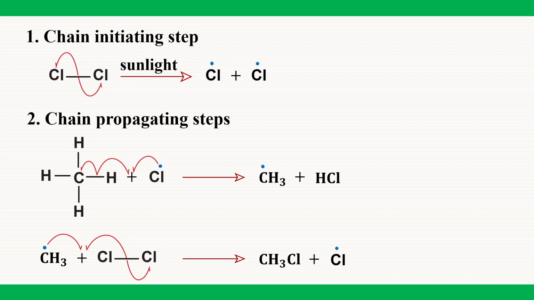You can clearly understand that in the first step, these free radicals are consumed, while in the second step, these free radicals are regenerated. So you can say that these steps are important for the progression of the reaction.